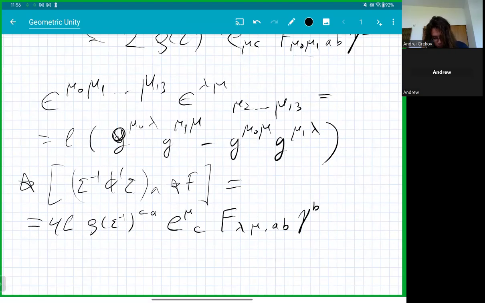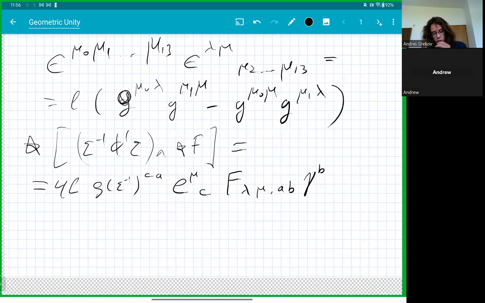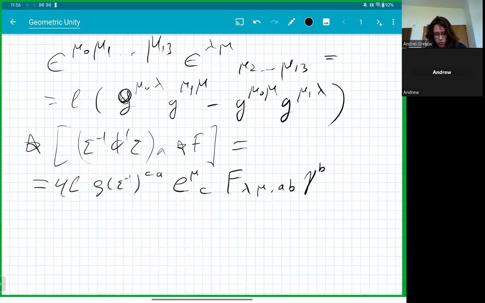So now we see the interesting part. Indeed, what's happening here is that this thing effectively pairs the index A and mu, right?